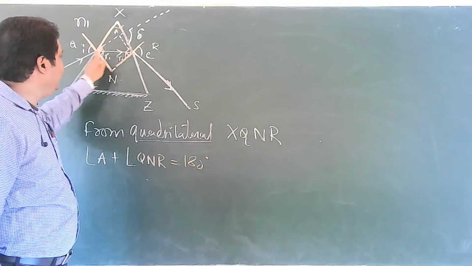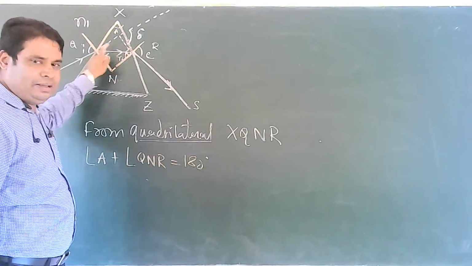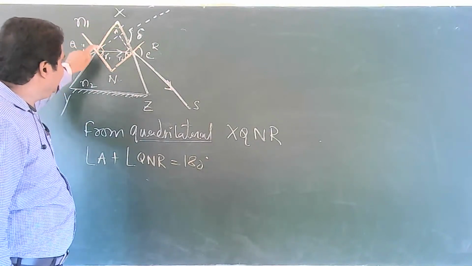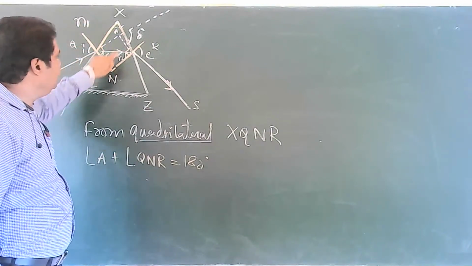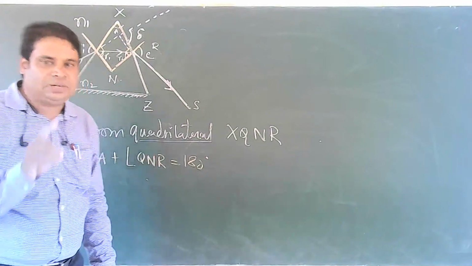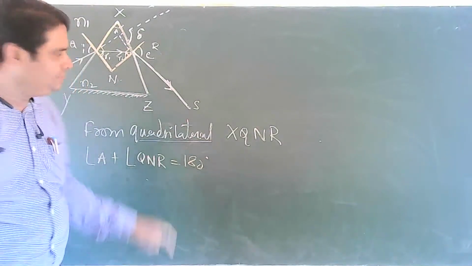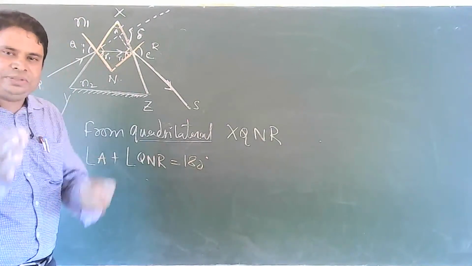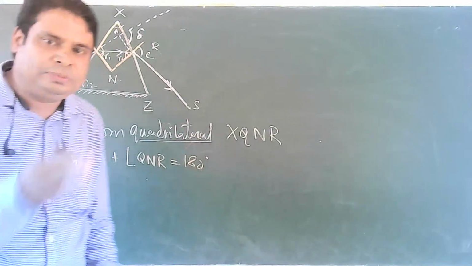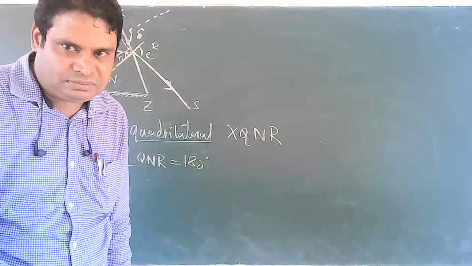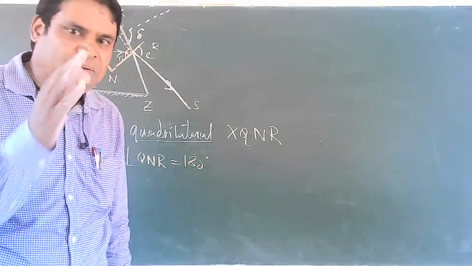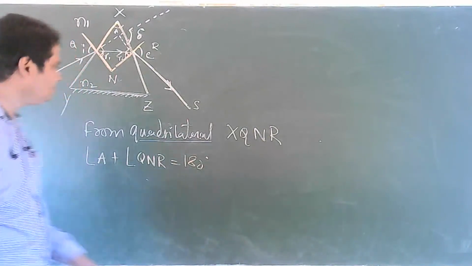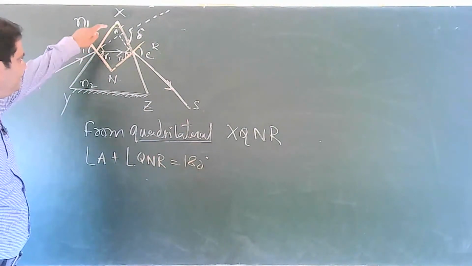It is already 90 plus angle A plus 90 plus angle N is equal to 360 degree. These two angles are already 90. Just use them. Anyway, you have to subtract this. Correct?